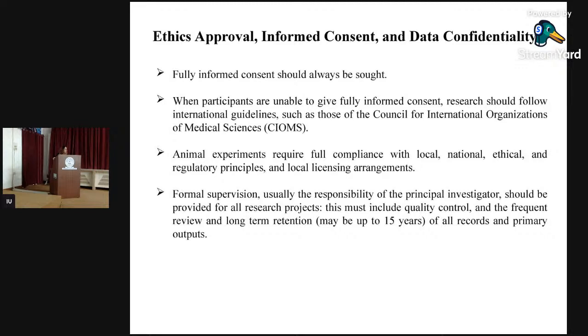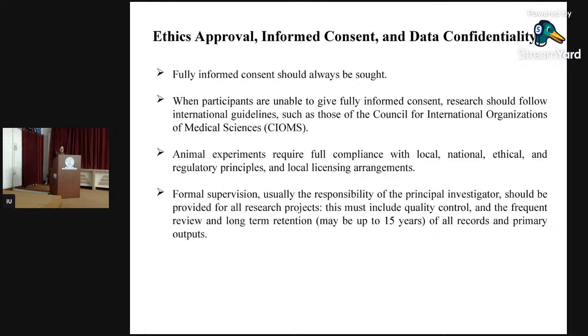Somebody in pharmacy may be working on animals, so they need to have the correct adherence to animal ethics, right? Which guidelines you follow will depend upon your research plan, but you should be aware of what you are following, right?